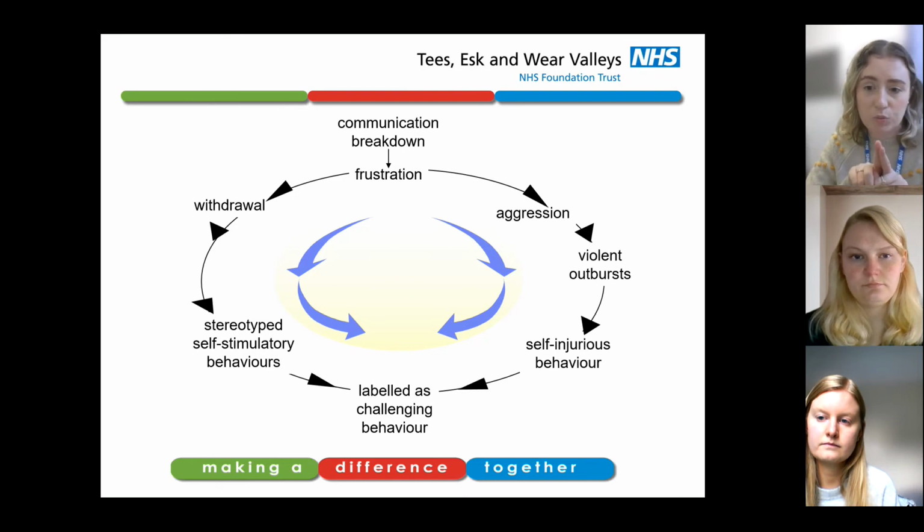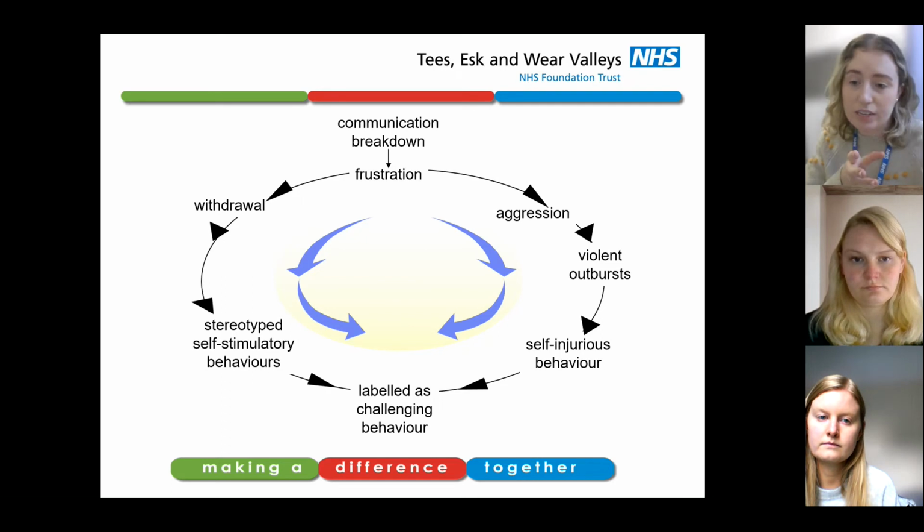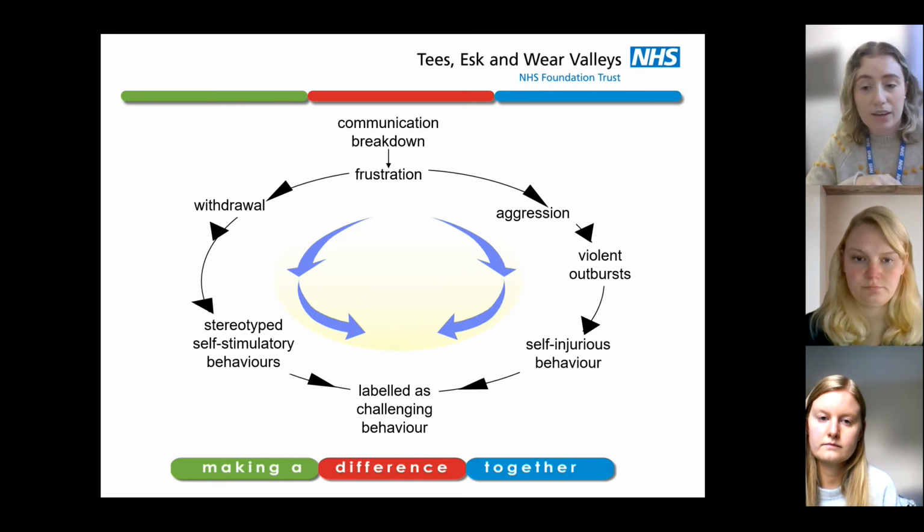So you have a communication breakdown for whatever reason, which leads to frustration, naturally, and then it can either go to that person becoming quite withdrawn, or it can lead to that person becoming aggressive. And ultimately, they could both lead to a behaviour that's labelled as challenging.